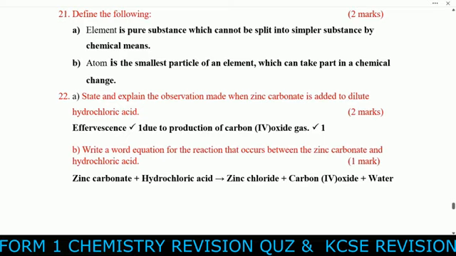Number 22b, you are to write an equation for the reaction that occurs between the zinc carbonate and hydrochloric acid. So zinc carbonate, you add hydrochloric acid, you get zinc chloride, carbon dioxide, and water.